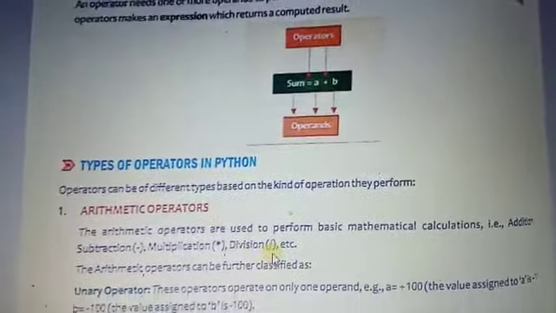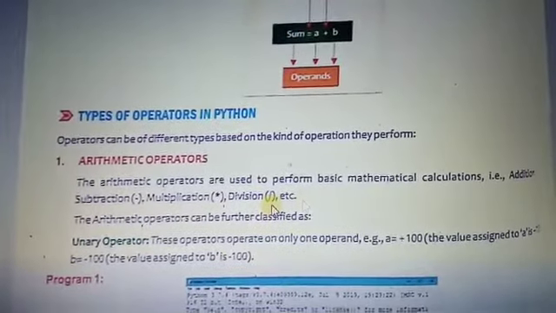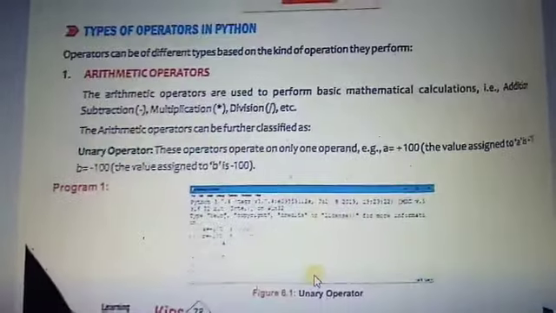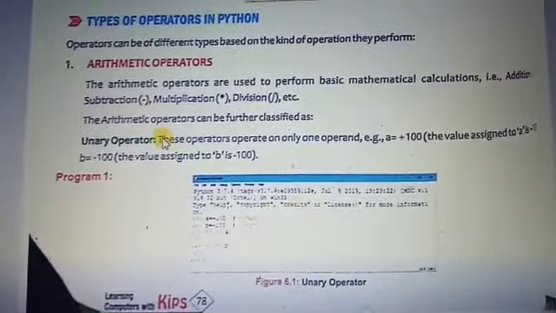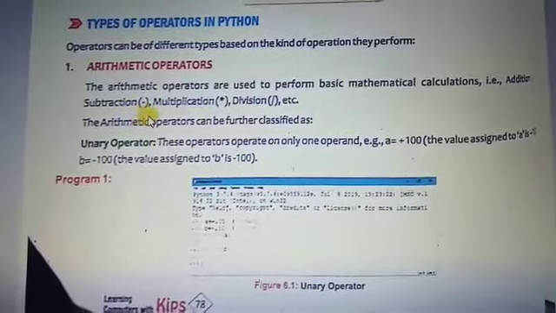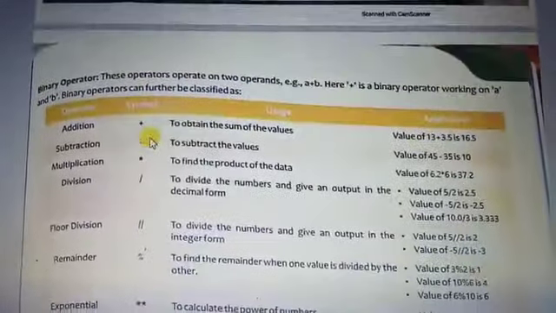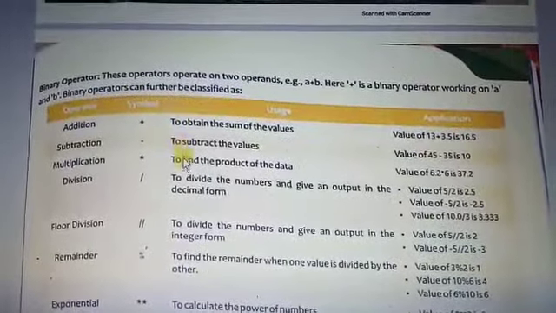Each operator performs a particular kind of task. For example, the plus operator adds two values. The minus operator subtracts the values. The multiplication operator gives the product of the values, and finally division divides the values.